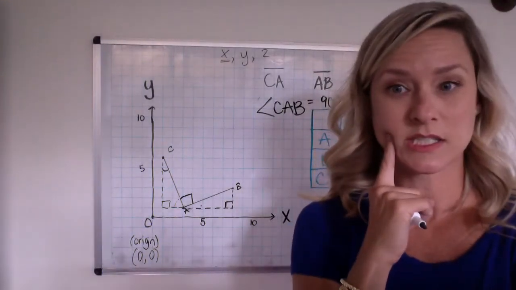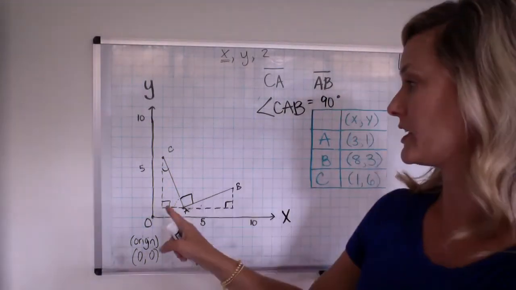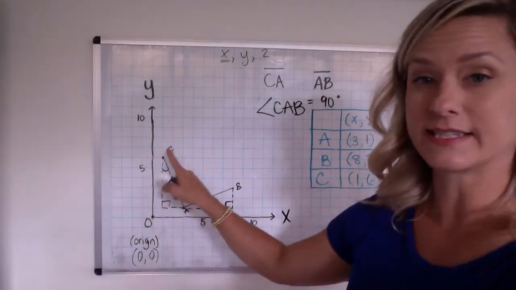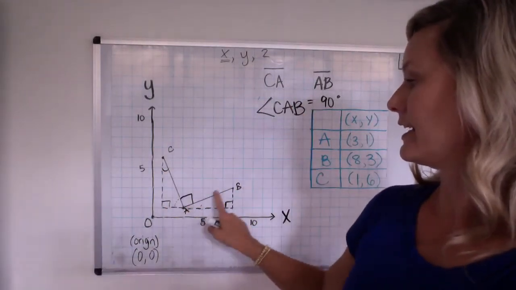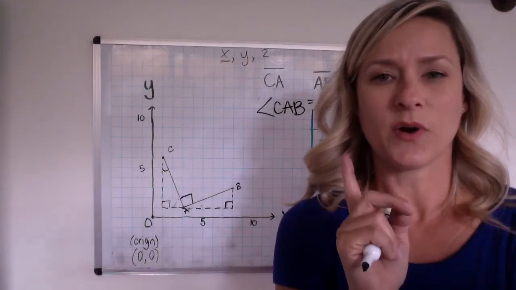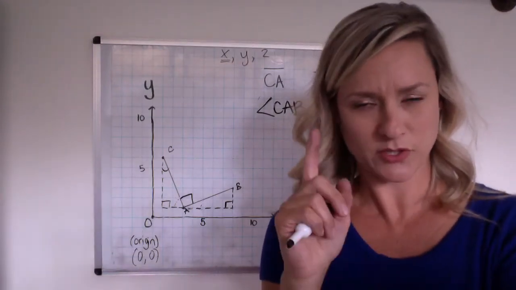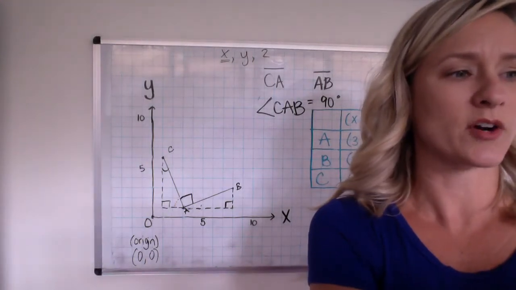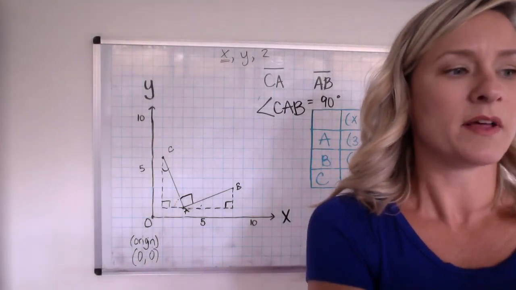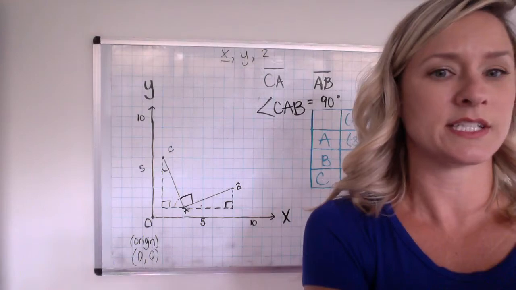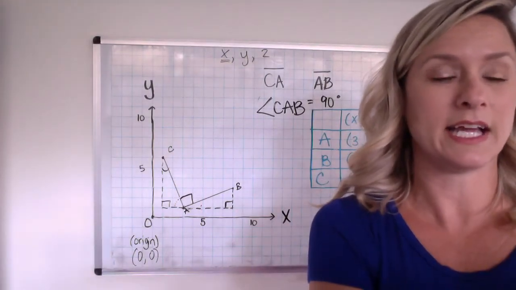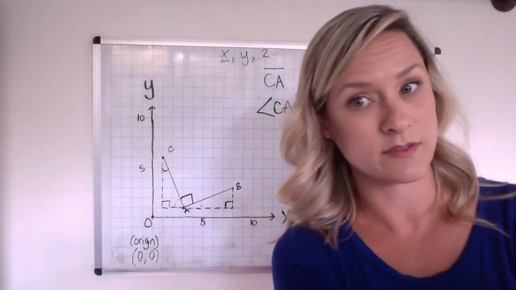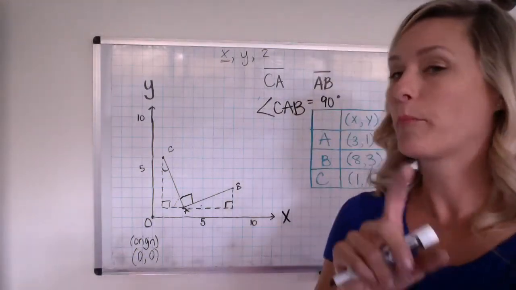But you know what else? We can now figure out a relationship between line CA, that's this, and line AB. So I don't know if you've learned this before, so I'm going to make sure to explain. So we want to make sure that we are writing down that line segment CA is, what's that word?